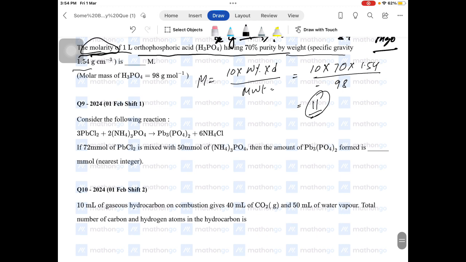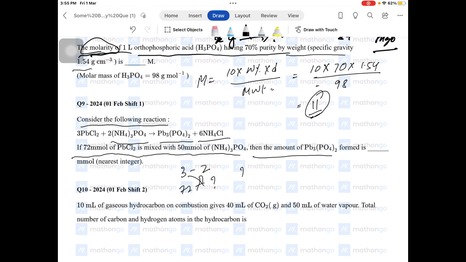Next question. Consider the following reaction. 3 moles of lead chloride react with 2 moles of ammonium phosphate to form lead phosphate and 6 moles of NH4Cl. If 72 millimoles of lead chloride is mixed with 50 millimoles of ammonium phosphate, then what amount of lead phosphate is formed? So 3 moles require 2 moles; 72 moles of lead chloride require how much?